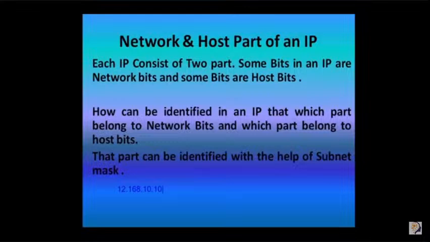How to identify? Whenever we take an IP, out of 32 bits, some bits identify a particular network, like a city or a state name or a country name. It's the same as any telephone number, like +91 and then any number.